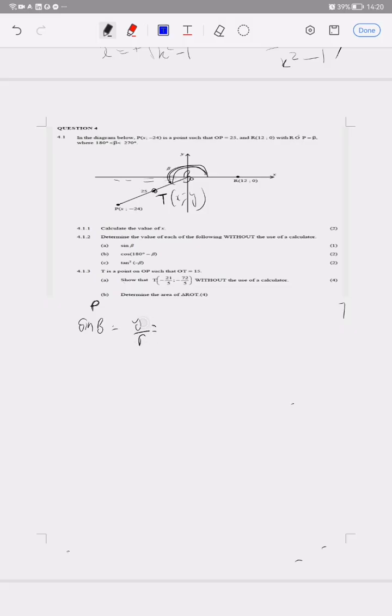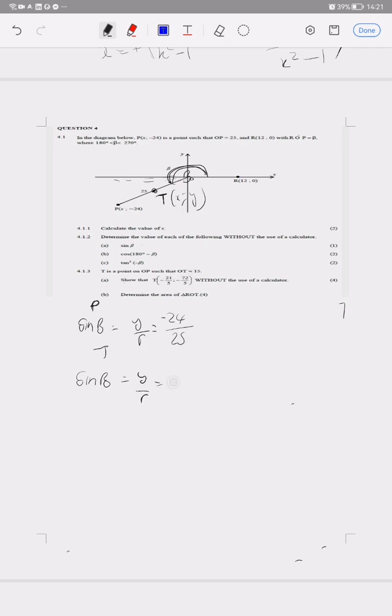So what did you get? Sine beta, I think we have already solved it, but it's negative 24 over 25. Then according to point T, sine beta is going to be a y over an r, but we don't know the y, we only know the r.